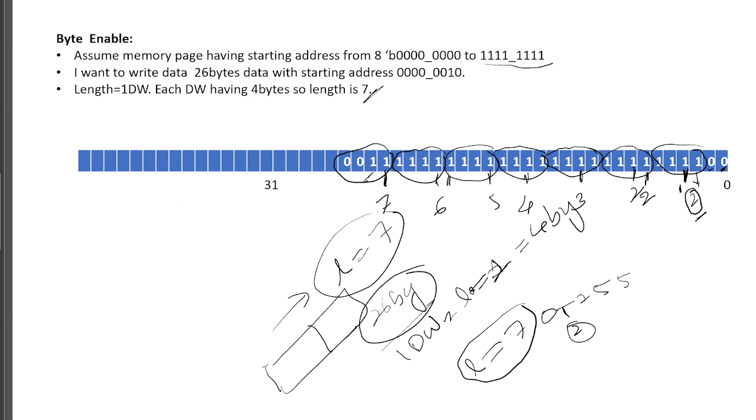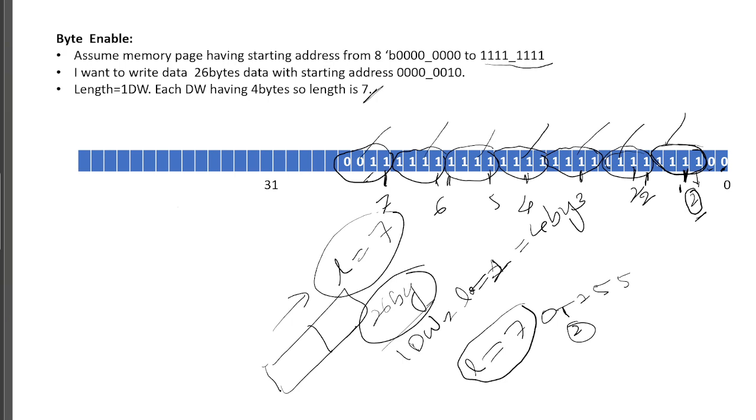So you are going up to 7. You are giving 26 bytes of data, so 7 double words is 26 bytes of data. So 1, 2, 3, 4, 5, 6, 7 slots.